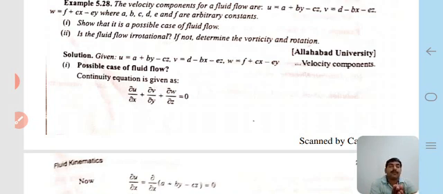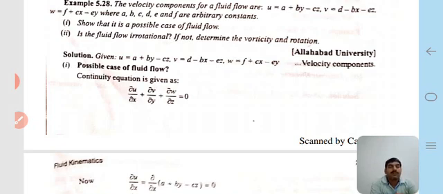All velocity components are written here, that is u, v and w with respect to the x, y and z axes. Therefore the first case in the question, a possible case of fluid flow, means the flow satisfies the three-dimensional continuity equation: del u upon del x plus del v upon del y plus del w upon del z is equal to 0.